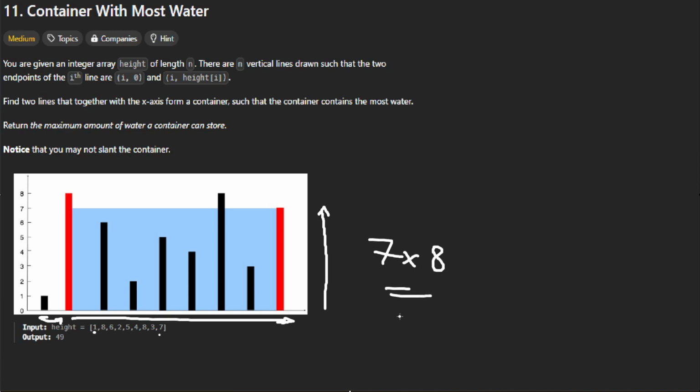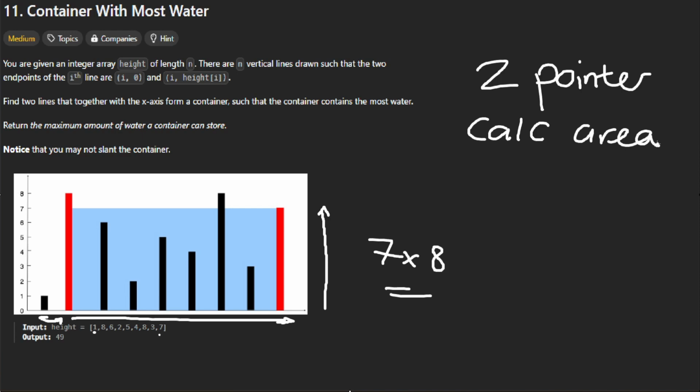In terms of code, as I said earlier, we're using a 2-pointer technique. We're then going to calculate the area. We then want to compare our currently calculated area to the maximum area that we've calculated so far.